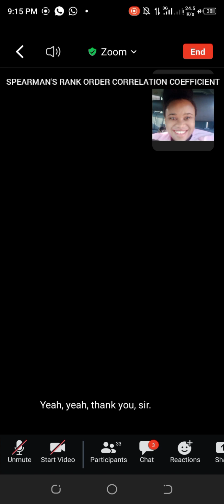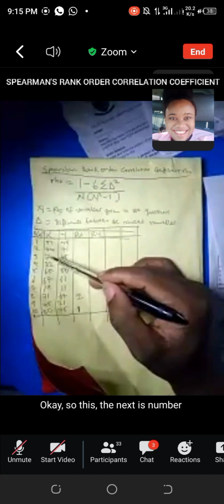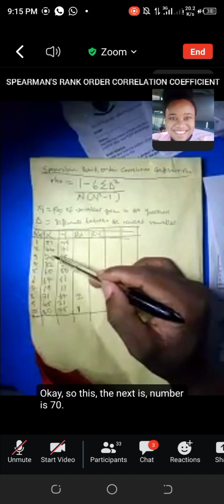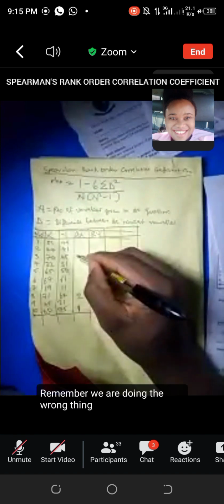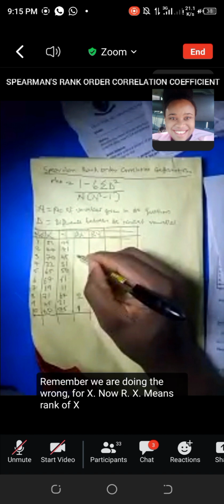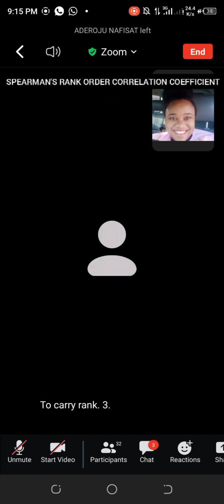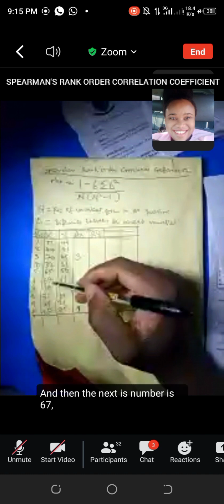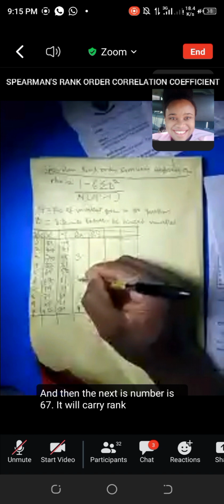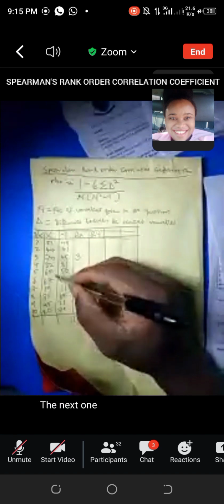So the next highest number is 70. This 70 will now carry rank 3. Remember, we are doing the rank for X now. Rx means rank of X. Then the next highest number is 67. It will carry rank 4. The next one is 65.